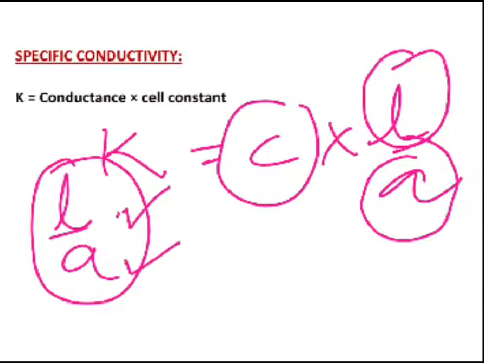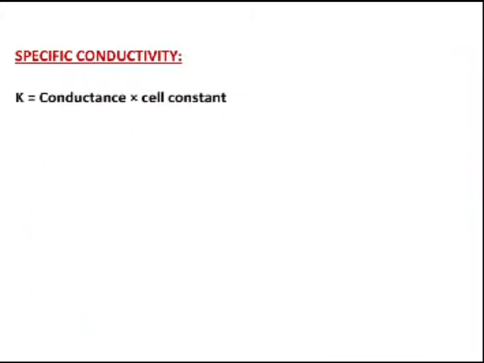So in general, I can say L by A is a constant. Okay, so now I can say specific conductance K is equal to conductance into cell constant. Cell constant means L upon A. Okay, so thus if you are aware of the cell constant of any particular cell, then you are in a position to calculate the specific conductivity of that related solution.